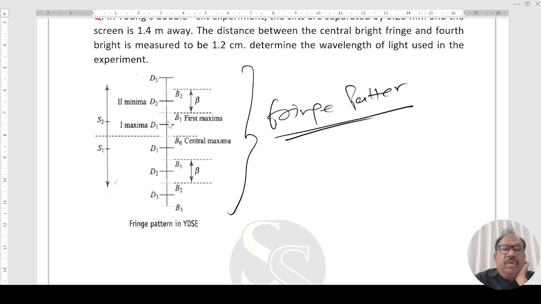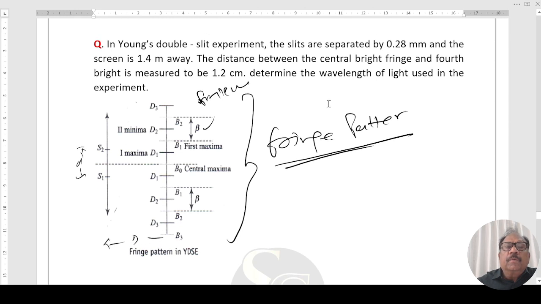Then first D1, B1, D2, B2 like this. Similar on the upper end, on the downside, upside. Right? Distance between two consecutive dark or two consecutive bright fringes is the fringe width beta. Fringe width. This is the distance D. This is distance between source and screen.